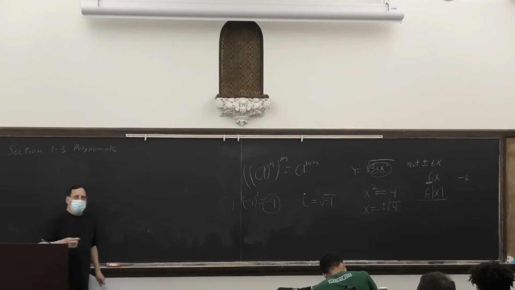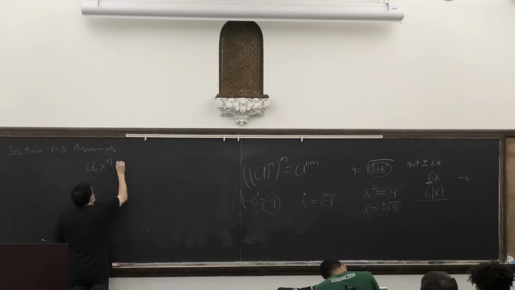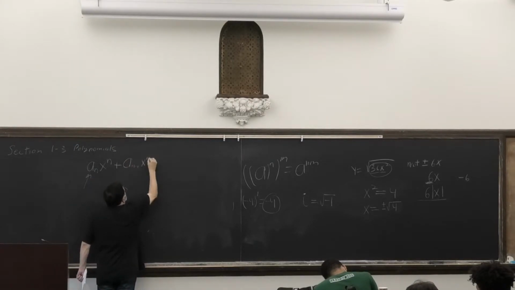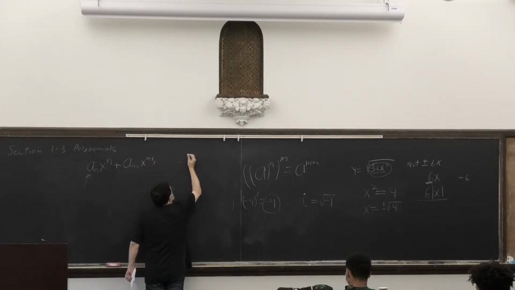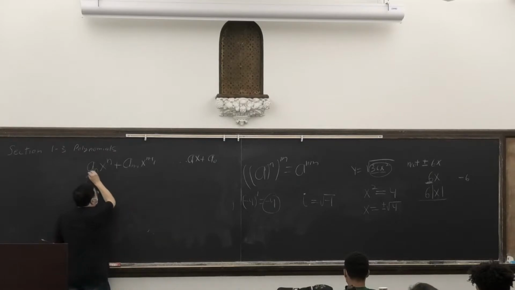Why are polynomials so important? A polynomial looks like this, some constants, a's. Why are these so important in math?